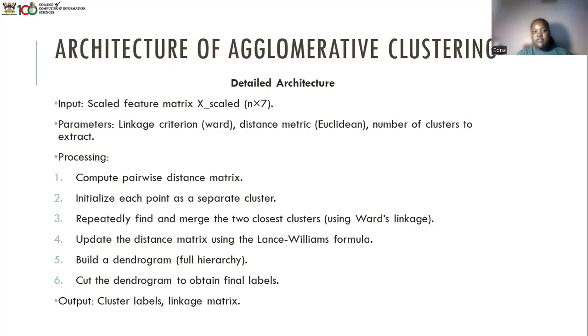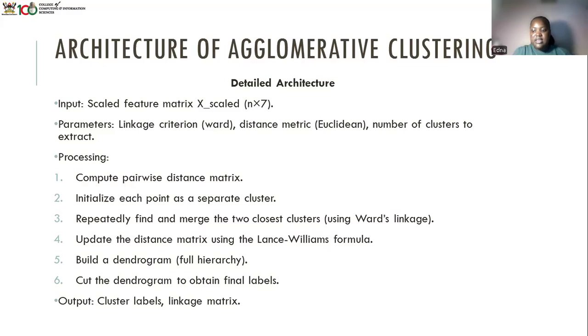More, the architecture of agglomerative clustering is as follows. The input is still X scaled with 7 features per rider, and we use Ward linkage with Euclidean distance, whereby the algorithm computes the pairwise distance matrix starting with n clusters, and at each step it merges the pair that minimizes the increase in total within cluster variance, which is Ward's criterion for the algorithm.